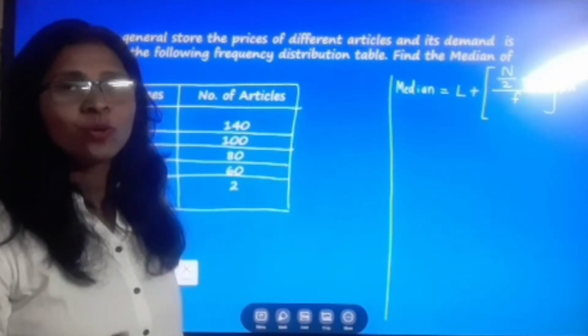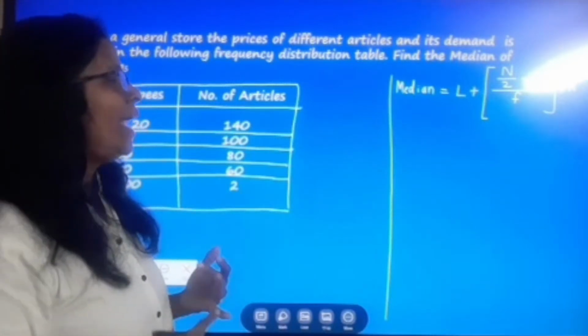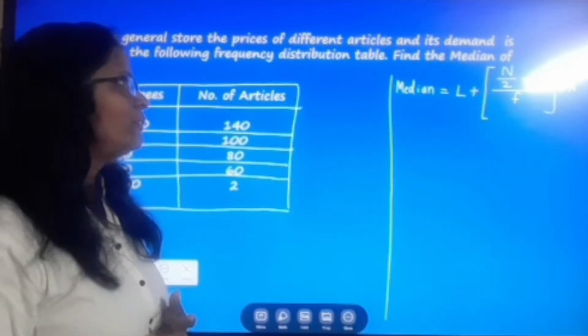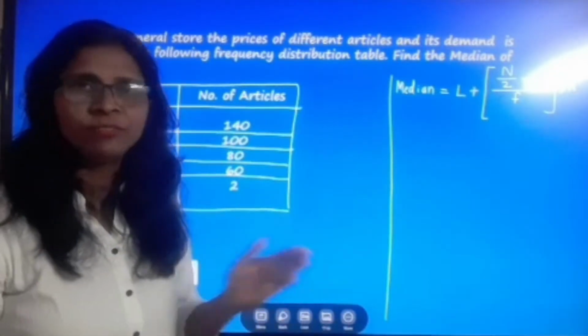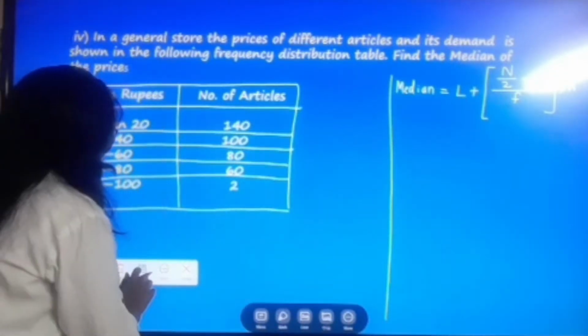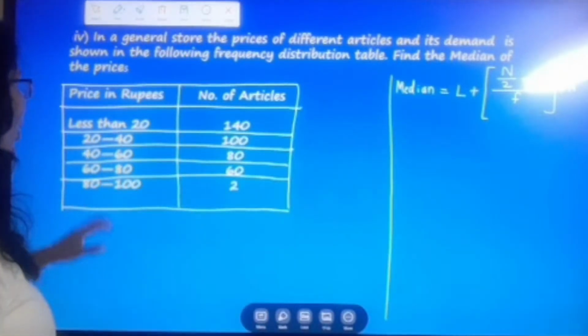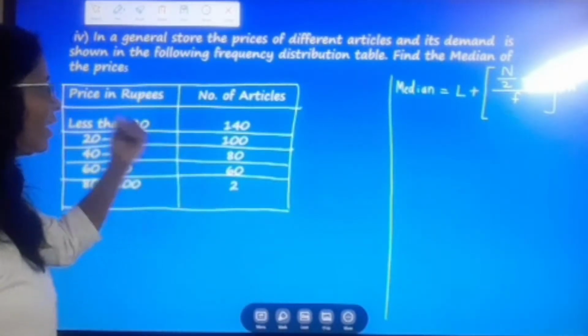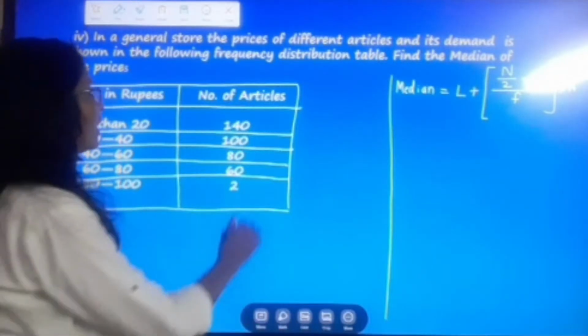Okay, so now try to get the values for L, N, cumulative frequency that is CF, F for frequency, and H, that is the difference between the class interval. So first we observe the number of articles, and those are the frequencies.